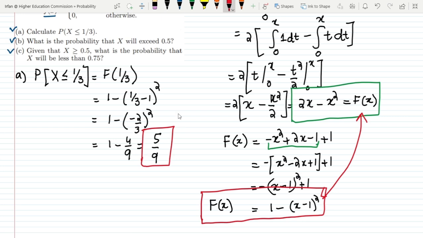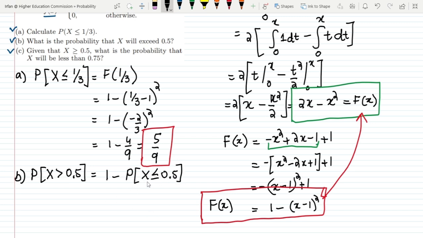You have seen how easy it is to find the probabilities if I know the CDF of my function. Now similarly, what is the probability that x will exceed 0.5? That is the probability that x will be greater than 0.5, and this can be found very easily if I write it as 1 minus the probability that x is less than or equal to 0.5.